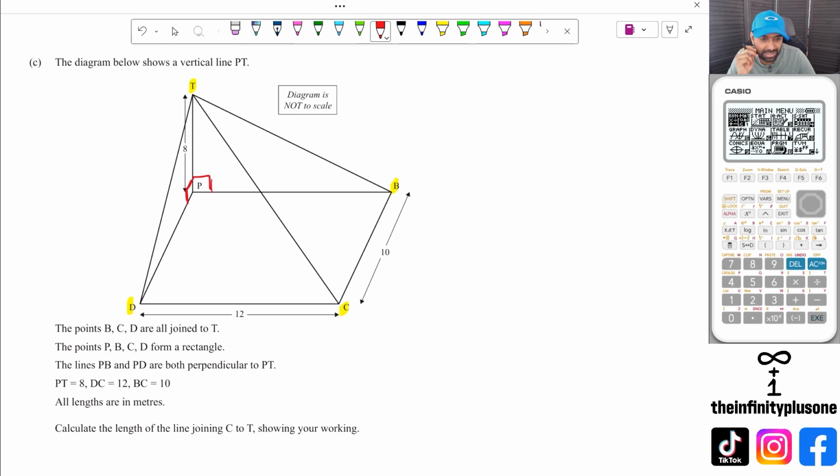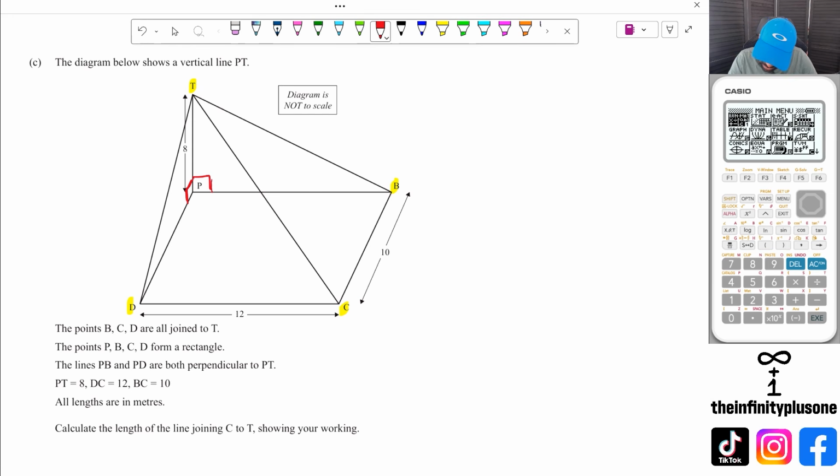Now the question they are asking is to find the length of CT. Now what we have is PT is equal to 8, so that's already given. Then we've got BC, which happens to be 10.